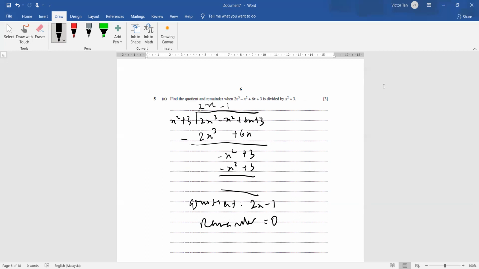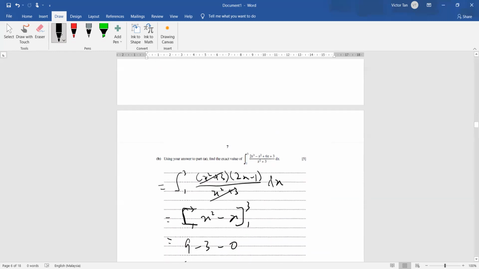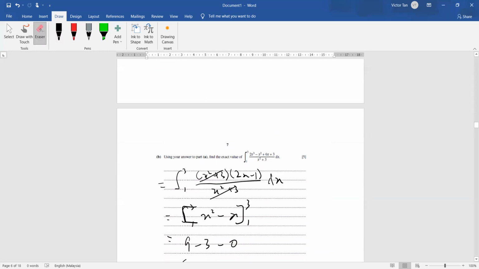This is minus 3. So there's always a check and balance. So the remainder is 6, not 0. Okay, let's do it again.